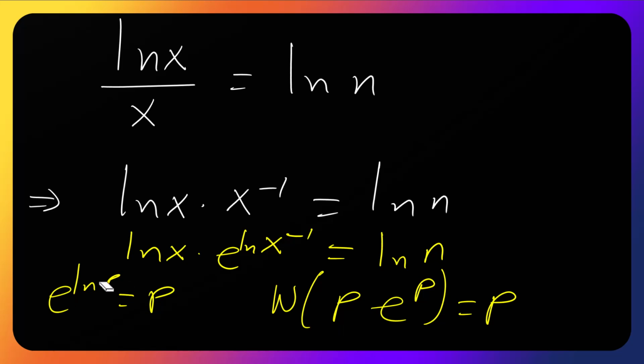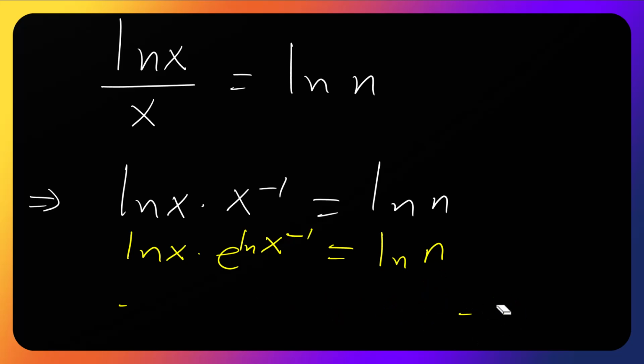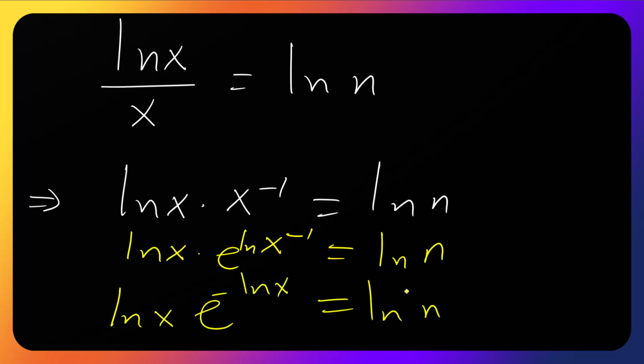So remember, this one is a power rule which will come behind here. So ln of x, and this one will be e to the minus ln of x, equals ln of n.